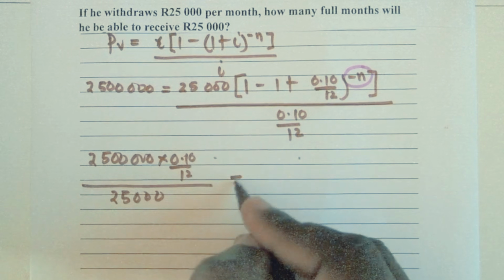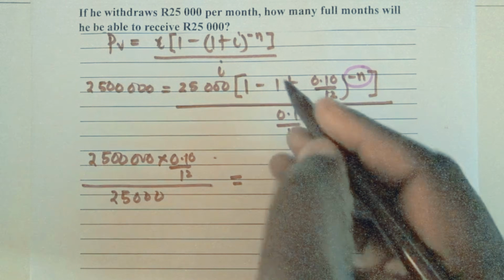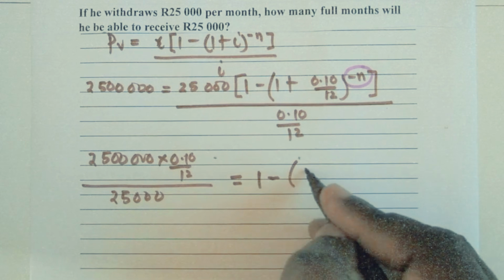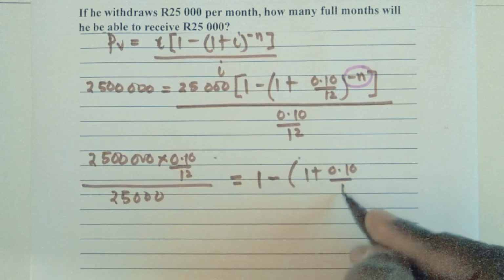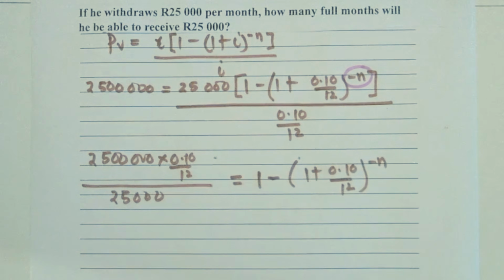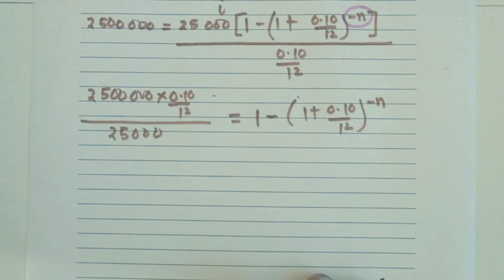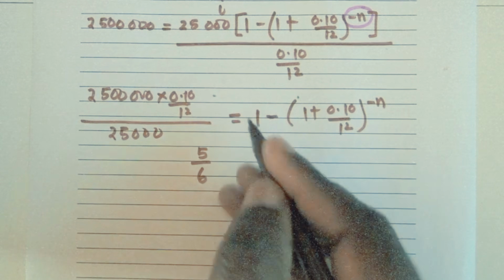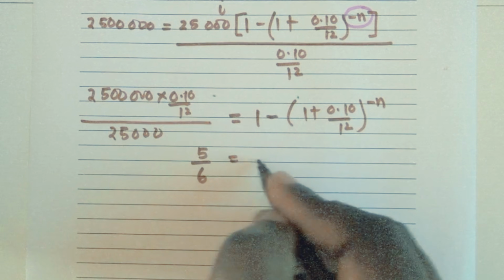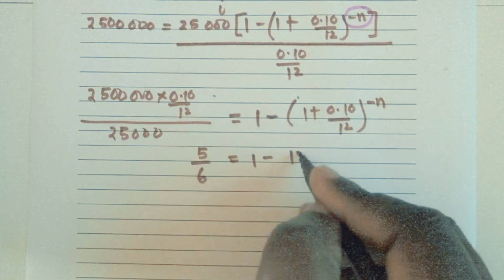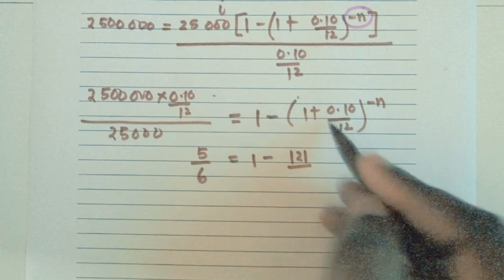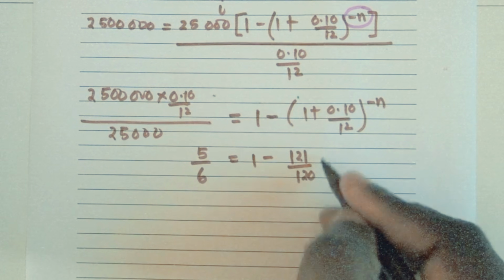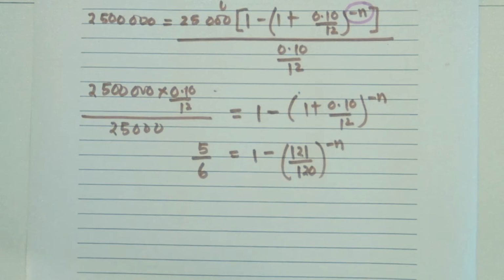If I do that, on this side, I'm going to be left with... moving on, I can see that if I put this in the calculator, I'm going to get 5 over 6 is equal to 1 minus, and if I put this part in the calculator, the one in the brackets here, I'm going to get 121 over 120 to the power of negative n.